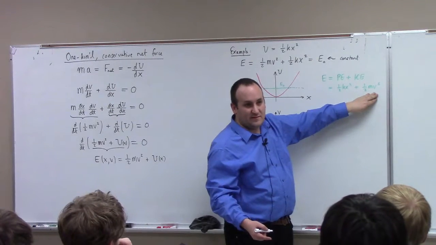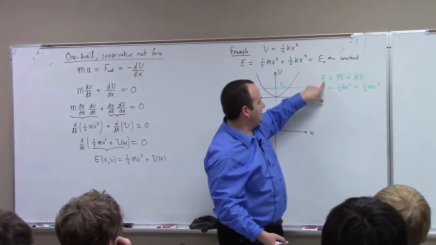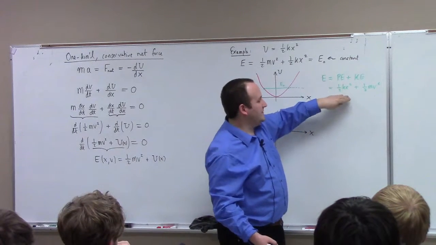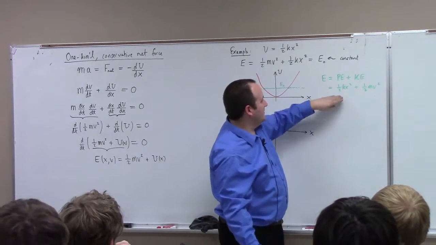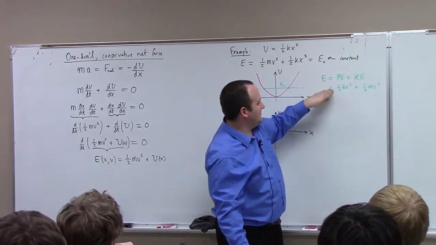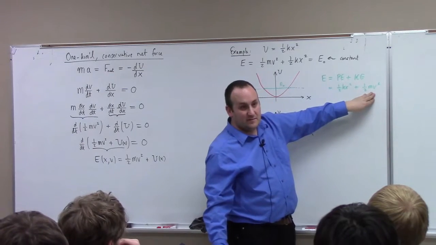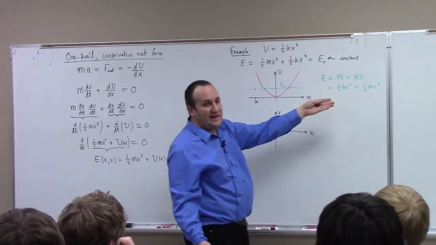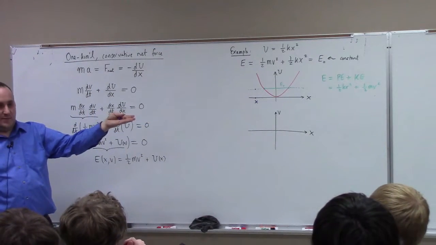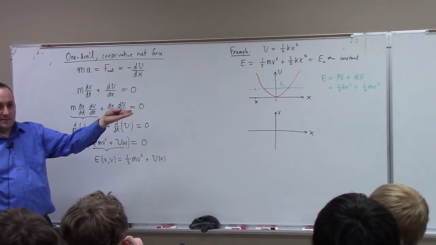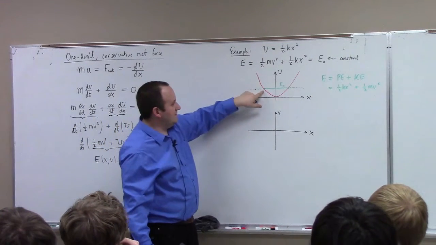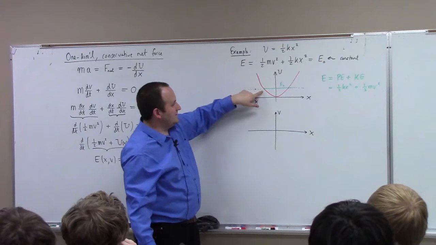If this is bigger than that, and that's positive, it must be that this is negative. But kinetic energy can't be negative. It's 1/2 mv squared. At its worst, it's 0. So this over here, the dotted part, is the forbidden region.